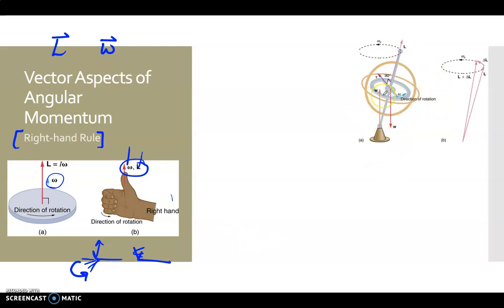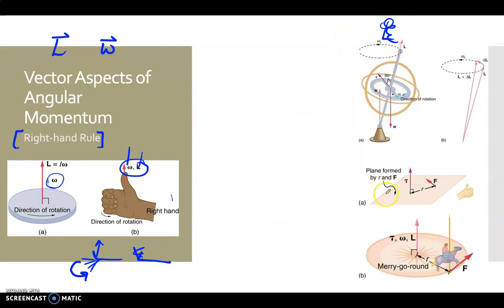I just want you to understand how to figure out that direction. Here the rotation is again counterclockwise, and you can see that our angular momentum is going to be in this direction here. It's a little off from the axis, but this is going to be your direction.